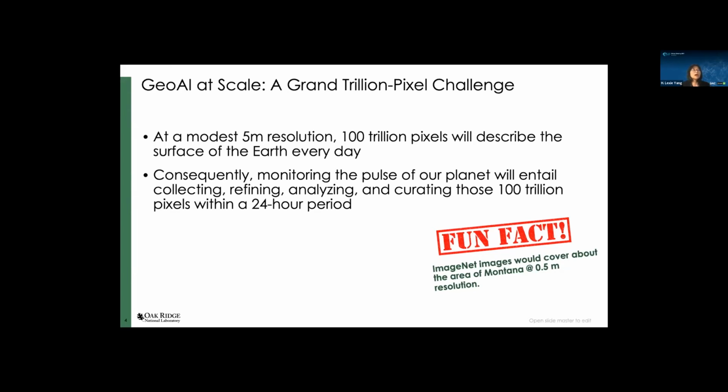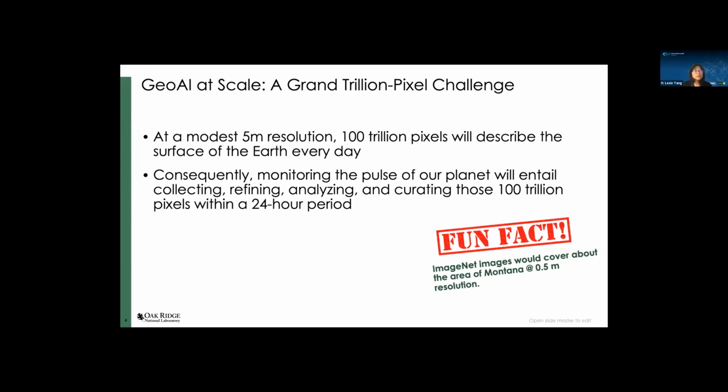Just imagine how heavy a lift it is to extract information from this massive amount of data, to curate which data is the most suitable for each task, and to identify the objects of interest for specific tasks. Just think about the problem itself. It is indeed a grand trillion pixel challenge, if we can call it that.